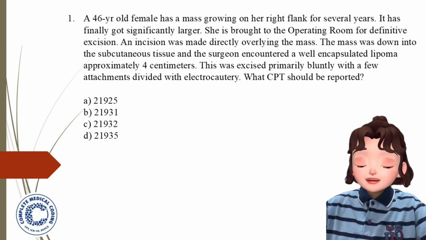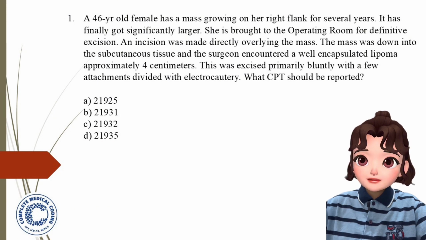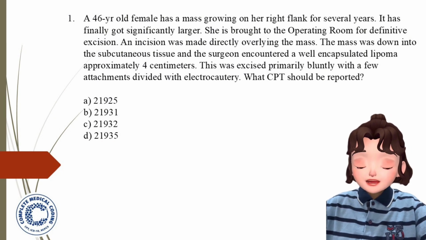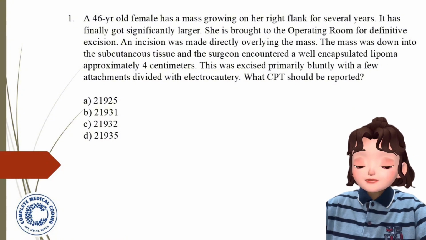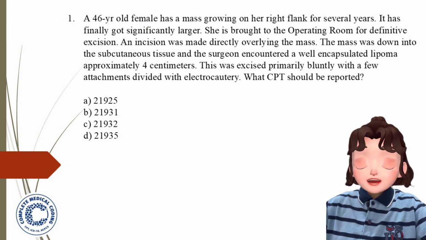21931 is excision of tumor, soft tissue of back or flank, subcutaneous, 3 cm or greater. Yes, this is subcutaneous. What is 21932? Excision of tumor, soft tissue of back or flank, subfascial, for example intramuscular, less than 5 cm.